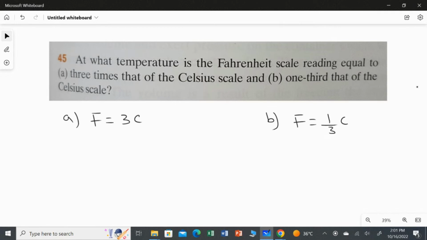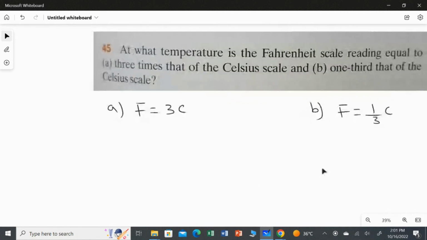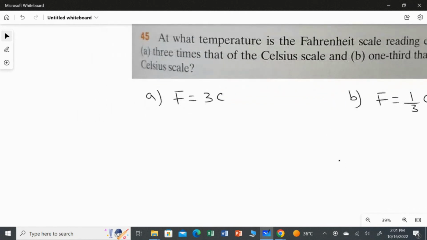So now, if you want to solve these questions, we have to use our general formula. The general formula for converting Celsius to Fahrenheit is given by the relation C/5 is equal to (F minus 32)/9. So you can use this formula to convert Fahrenheit to Celsius or Celsius to Fahrenheit.